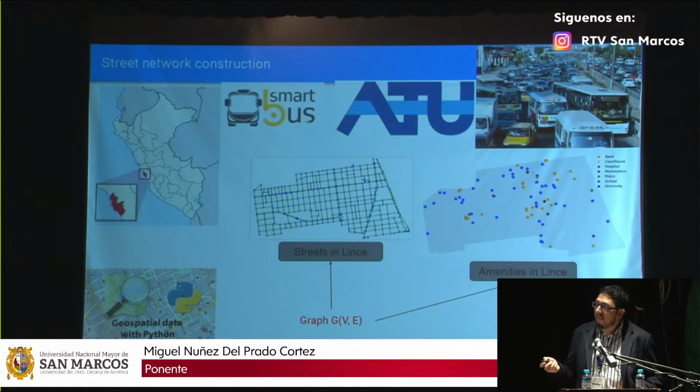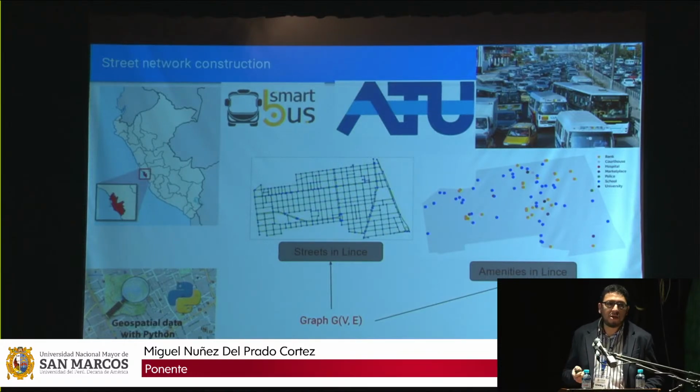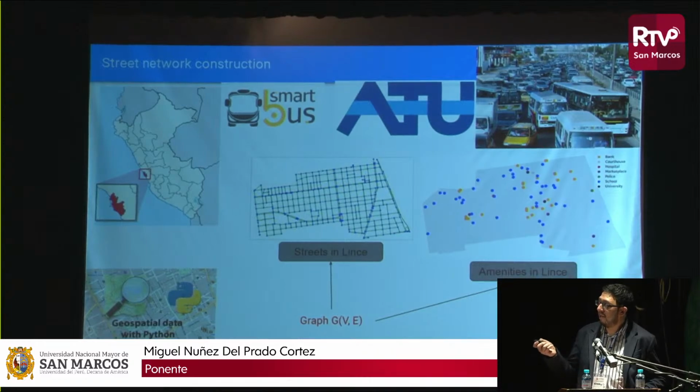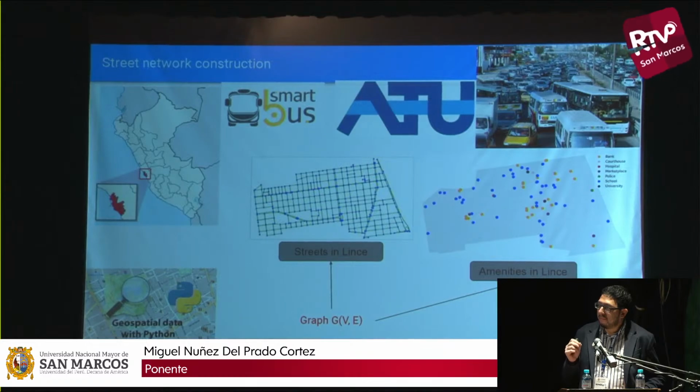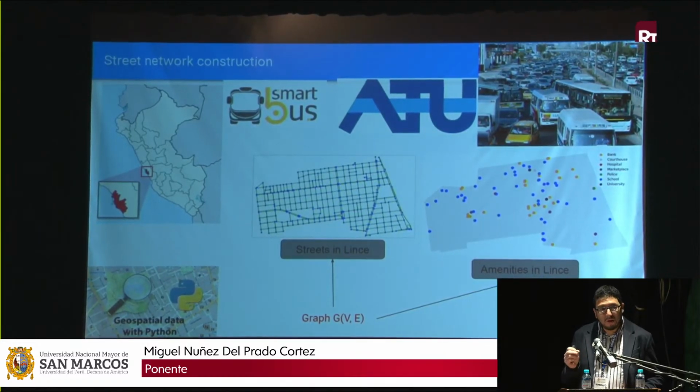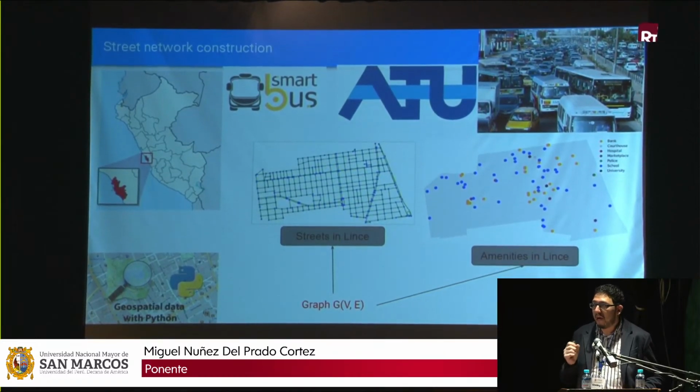So we did a partnership with the SmartBus company, which is a company from Cusco. They get GPS traces from public services cars, like those ones, to provide geo-targeted publicity or marketing.